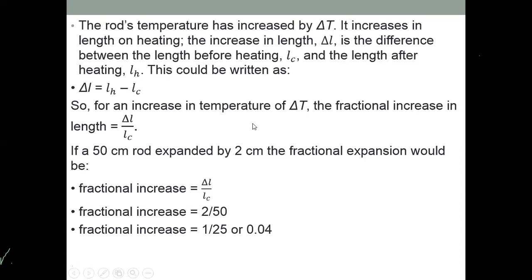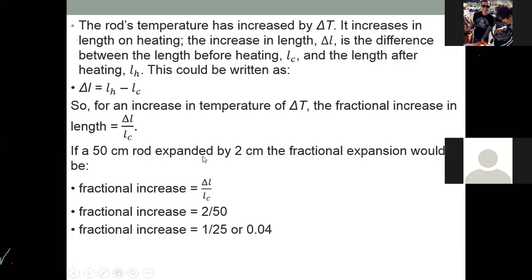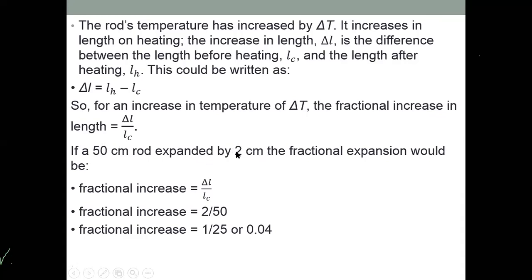What is the fractional increase in length? The change is 2, and we divide over 50 centimeters, because this is the first length of the object. When you divide 2 over 50, you find 1 over 25, or 0.04 fractional increase.